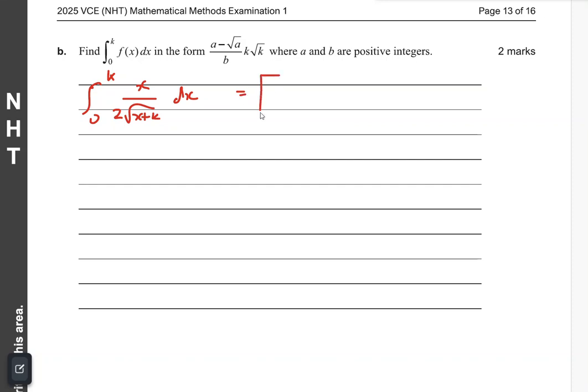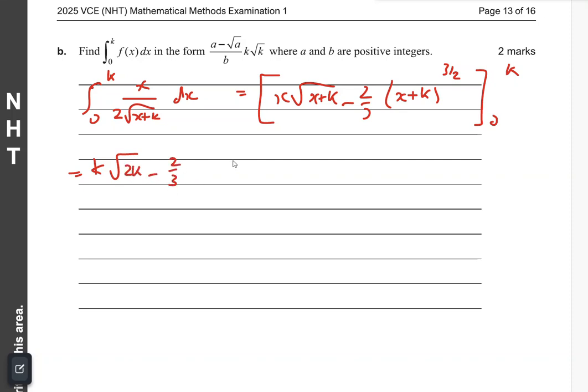And I know that that's going to equal, from the work that we did on the previous page, x square root of x plus k, not 6, minus 2/3 x plus k, not 6, to the 3 on 2, which will equal k root k plus k is 2k, minus 2/3, k plus k is 2k to the 3 on 2, minus nothing, plus 2/3 k to the 3 on 2.